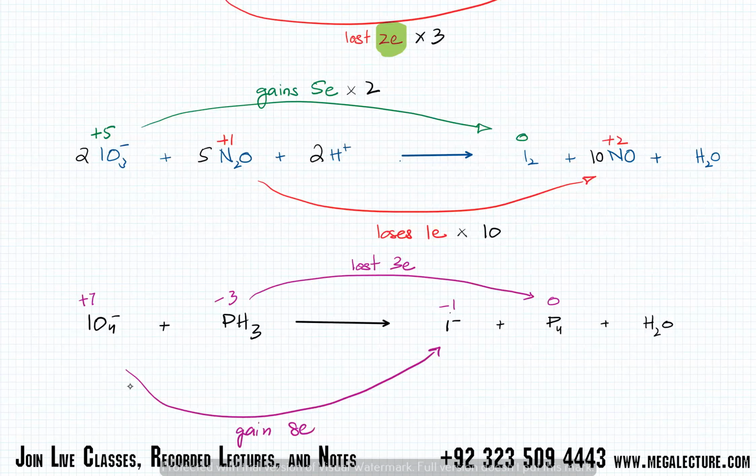So I would have to multiply this by 8 and this by 3. So I should have 3 iodines and I should have 8 phosphoruses. On the other side I don't have to multiply it by 8, 2 would do the job. 8 phosphoruses. And I guess that's it.